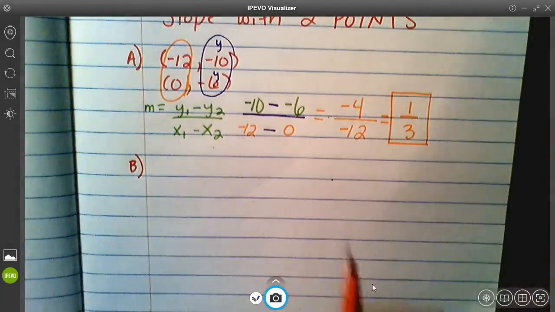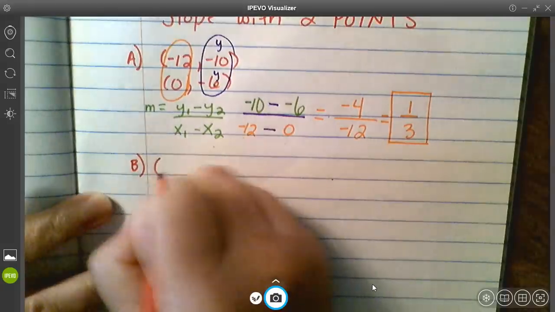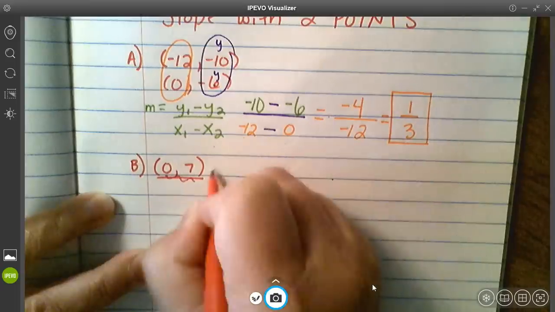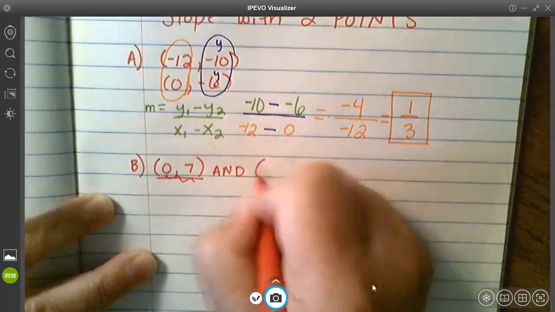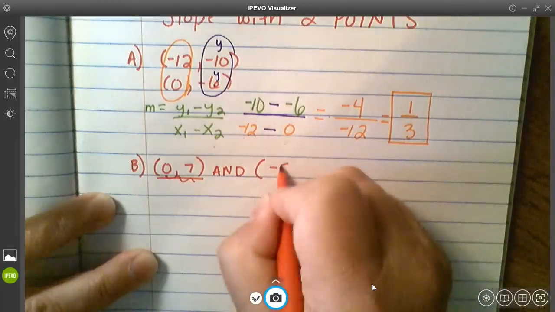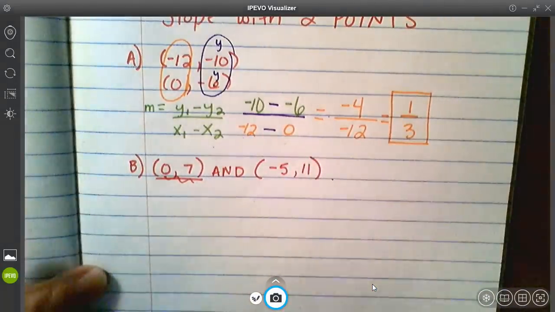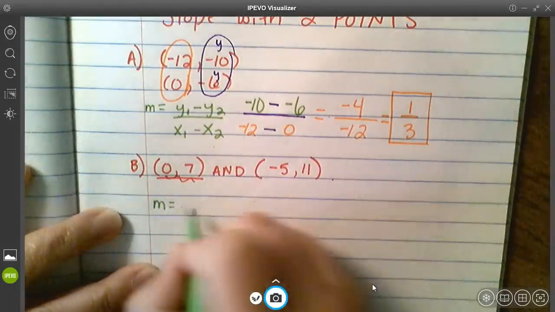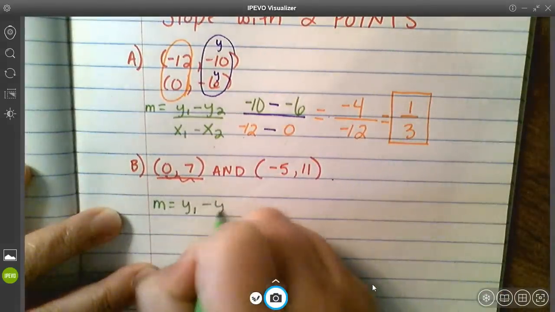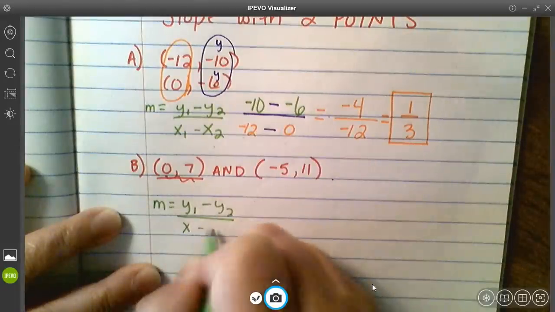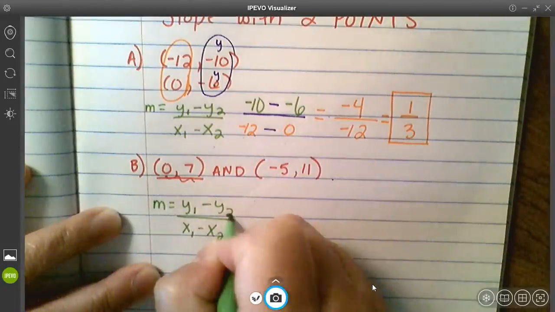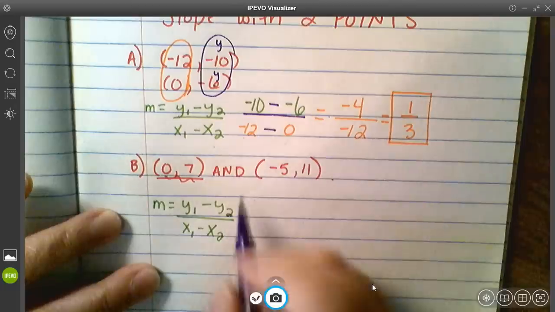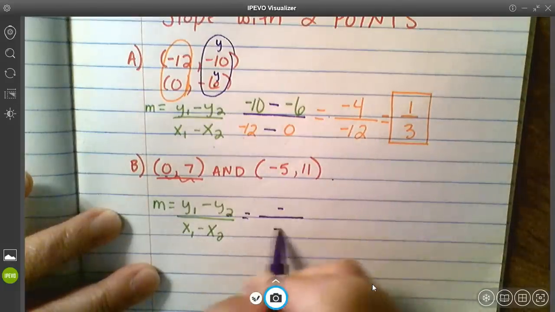Here's another example. 0, 7 and -5, 11. All right. So again, I'm subtracting my y's over my x's. I'm subtracting and subtracting.